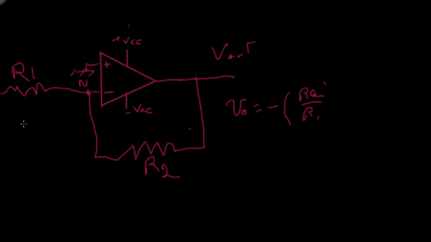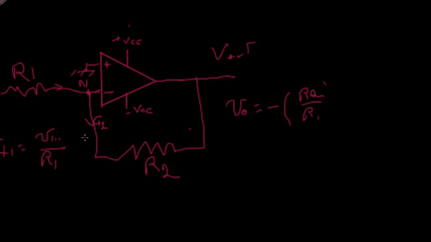So in this case, I'm going to see some current I1, which is going to flow here, and I1 is going to be equal to V in over R1. We know that there's a very high impedance into this terminal on the op amp. Despite the fact that it behaves like a virtual short, no current flows. So by Kirchhoff's current law, the current flowing into this node N has to be matched by this current I2 flowing out.